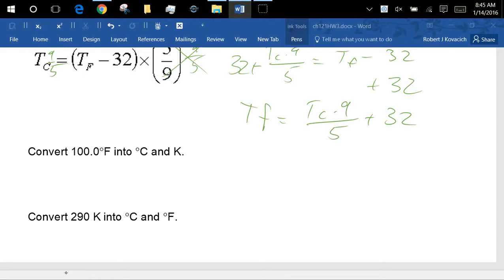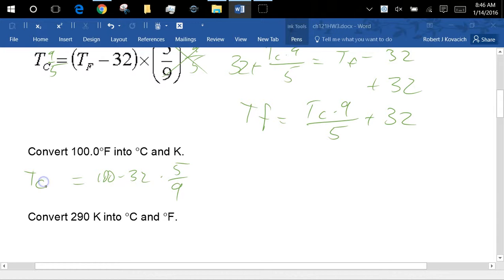Okay, so I want to convert the Fahrenheit. So 100 minus 32 times 5 divided by 9 equals my temperature Celsius. Is this okay to write my equation like this? It is not. Why? Because this 32 will be multiplied by 5, then divided by 9, and then subtracted off that 100.